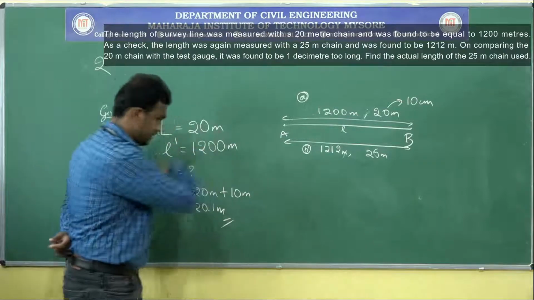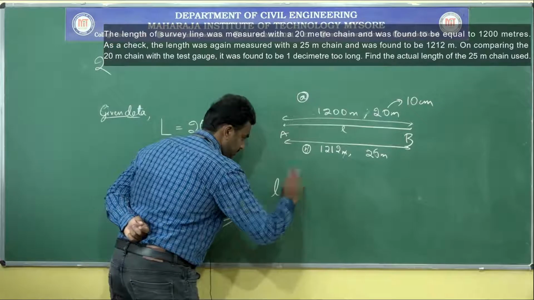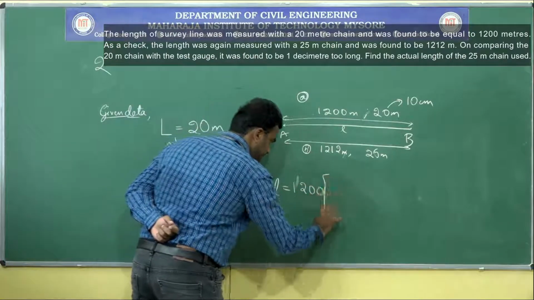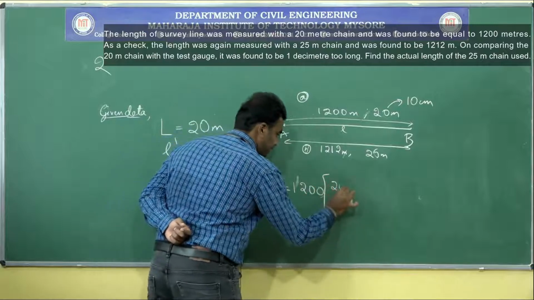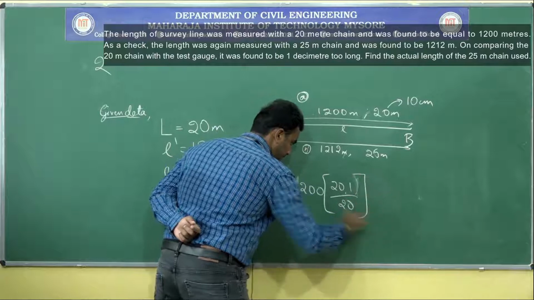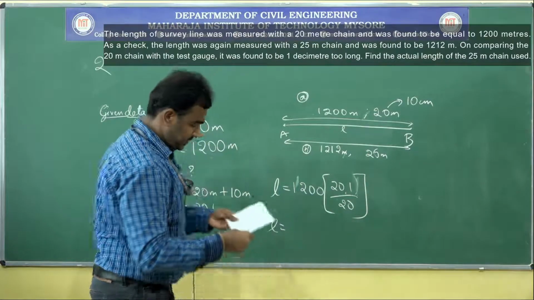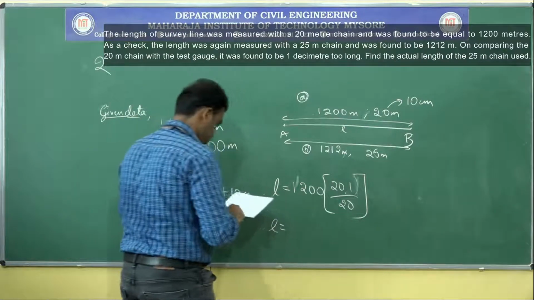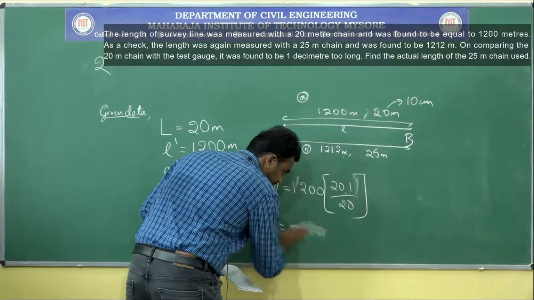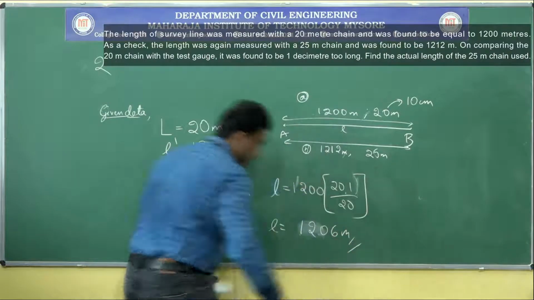So considering this set of data, I can easily find out the true length. The measured length is 1200, L dash is 20.1 divided by 20. So the true length is 1206 meter.